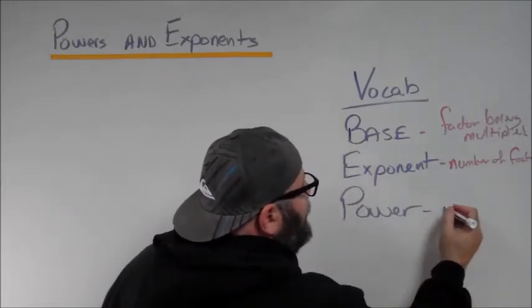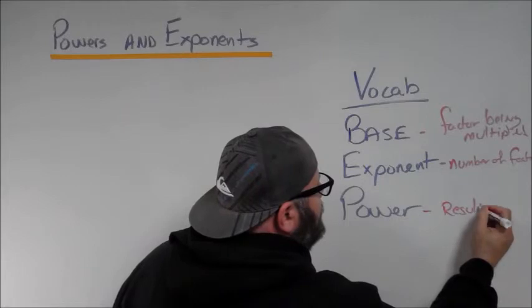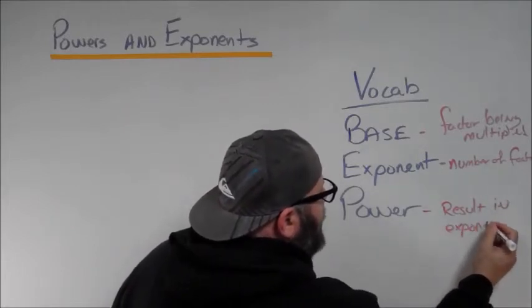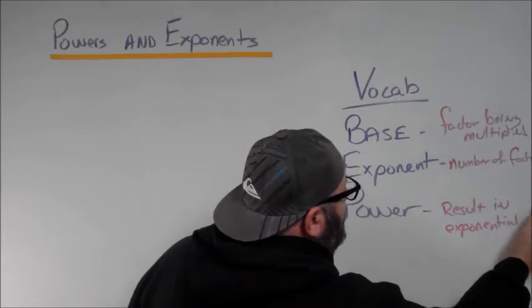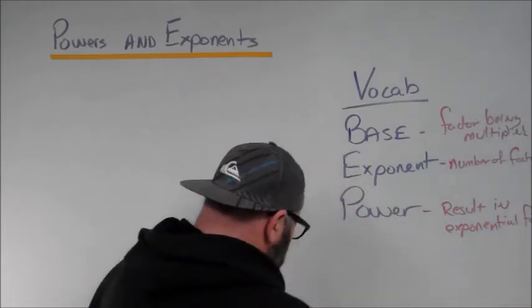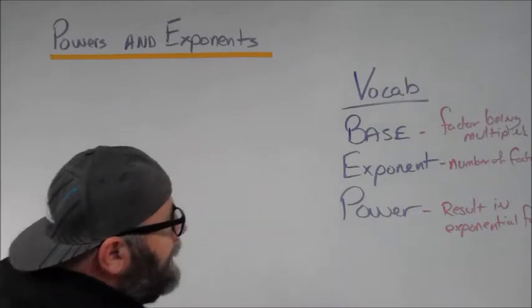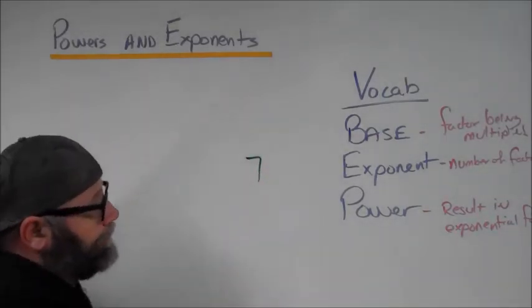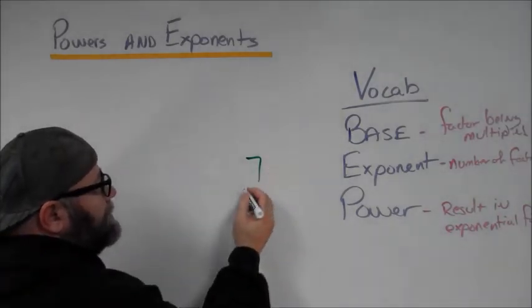And then the power is the result in exponential form. So an example of that would be if we had a base of 7. That's our base.